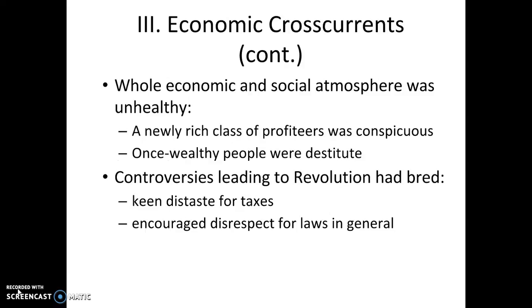On the whole, economically and socially, everything is off kilter. You have a newer rich class and other people who now become destitute. So for some people the social order becomes flipped.